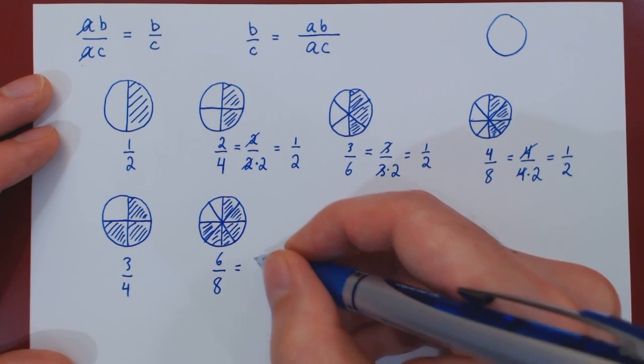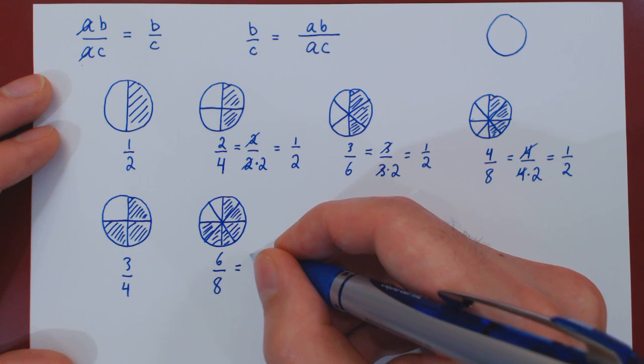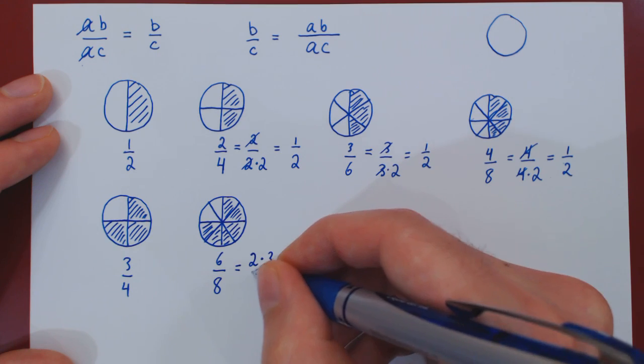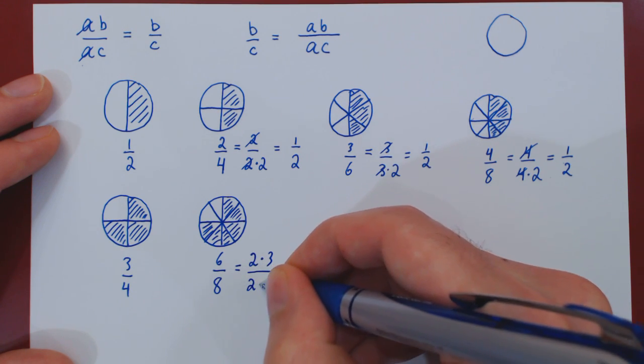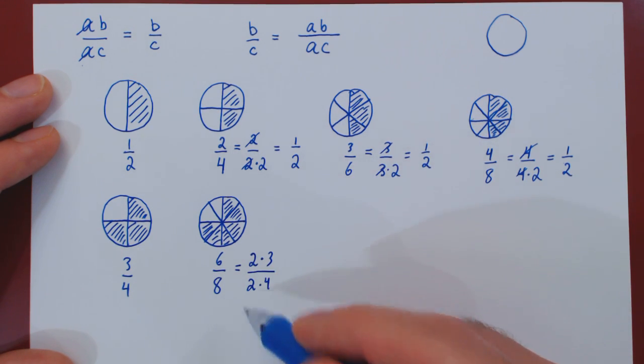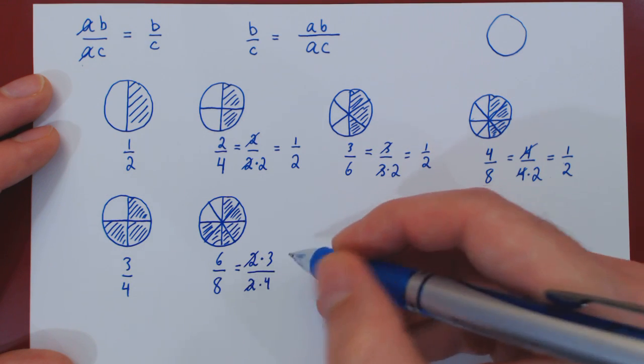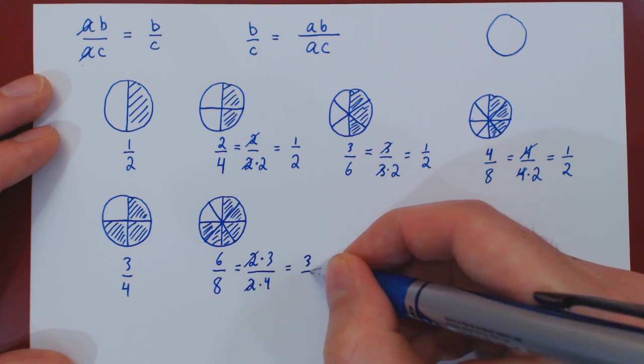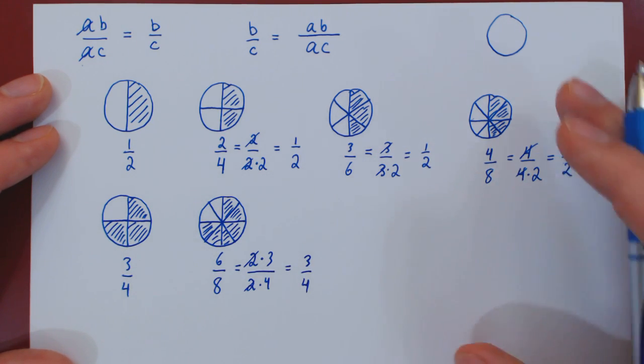But thinking again of factoring, 6 as 2 times 3, and 8 as 2 times 4, we have a common factor of 2 which can be cancelled, and we're left with 3/4 as expected.